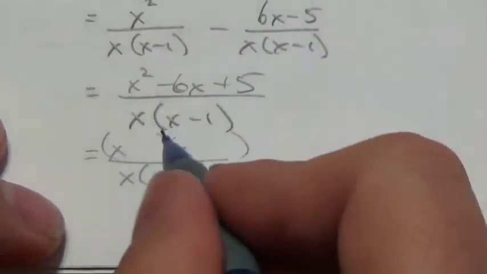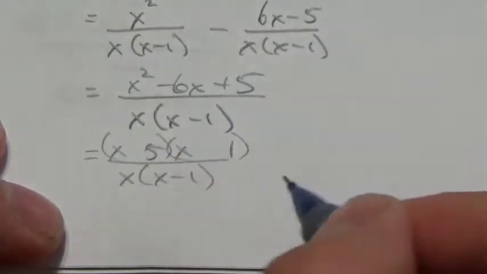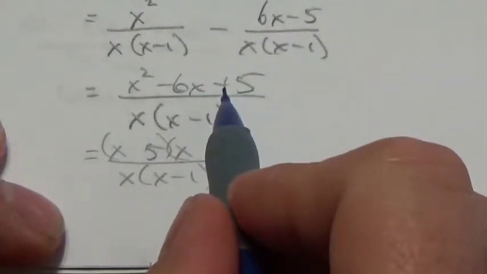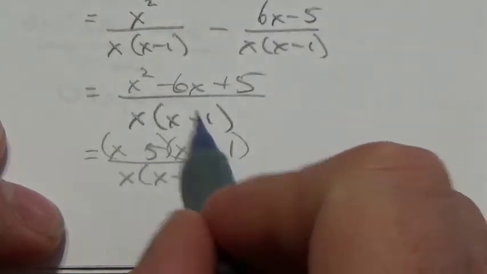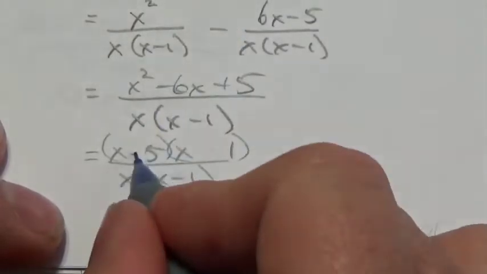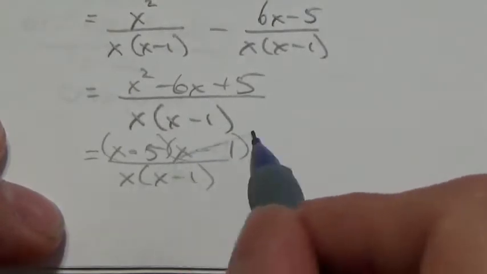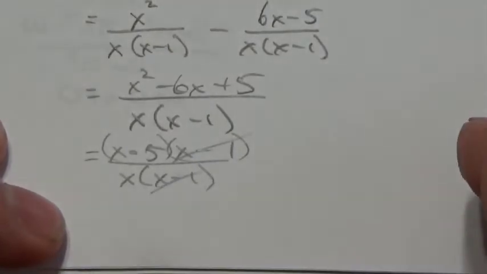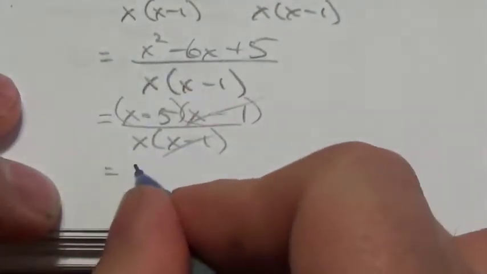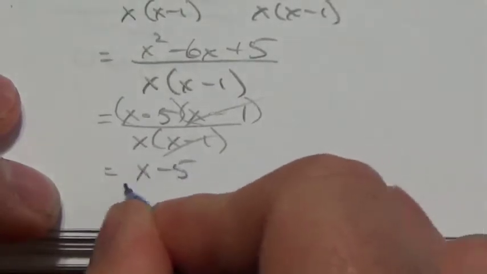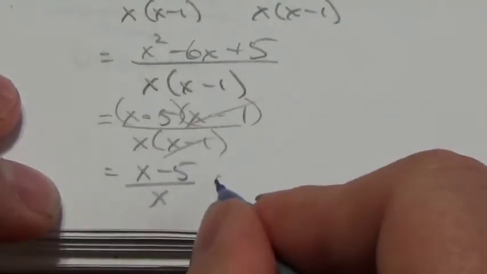Now, factors of 5 are definitely going to be 5 and 1. This is positive, which means these two are the same sign. This term here is negative, so these are both negative. And there it is. x minus 1 over x minus 1 becomes my 1. It disappears. And so this finally reduces down to x minus 5 over x.